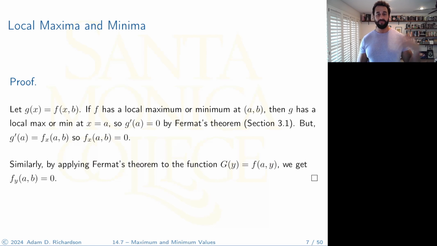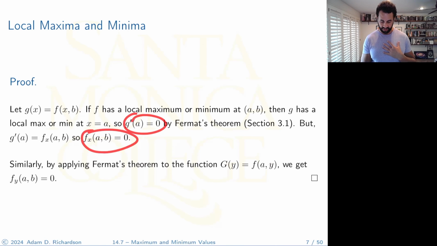So by Fermat's theorem, which is the theorem you get back in Calc 1, section 3.1 from this book, we know that the derivative of g at a has to be 0. But the derivative of g at a, by definition, is equal to the partial of f with respect to x at a comma b. Since this is 0, this has to be 0 too.